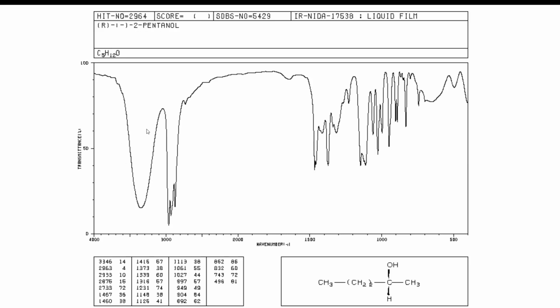However, we also notice that we have this new big dip that's happening right here, between like 3,500 and 3,300, and this indicates that we have an OH bond. So anytime we see a big dip like this, that's going to indicate that we have an OH bond.